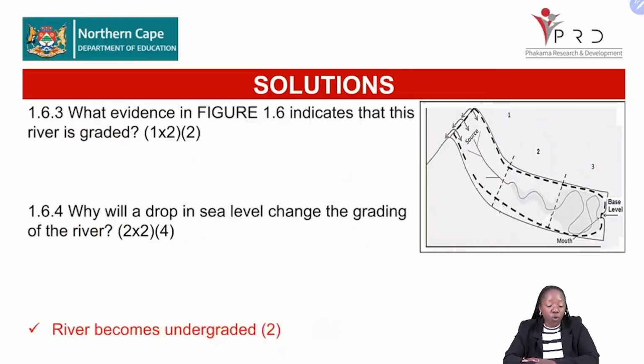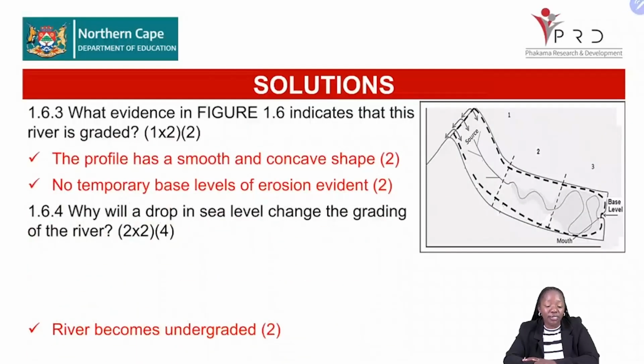Then your 1.3.6, what evidence in figure 1.6 indicates that this river is graded? We're looking at the smooth concave shape. As you can see, there is no temporary base level of erosion evident from the source to the mouth. It is smooth and it is a concave shape.